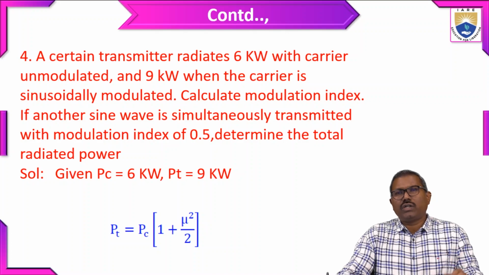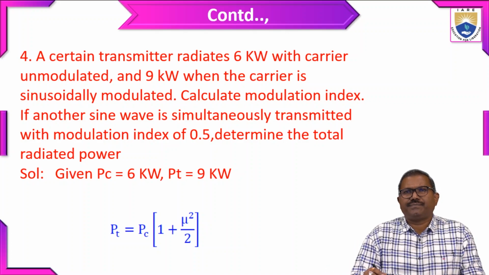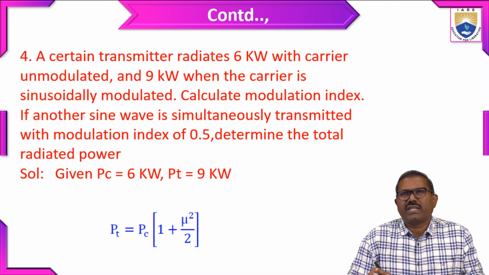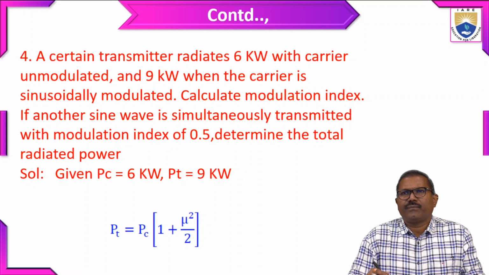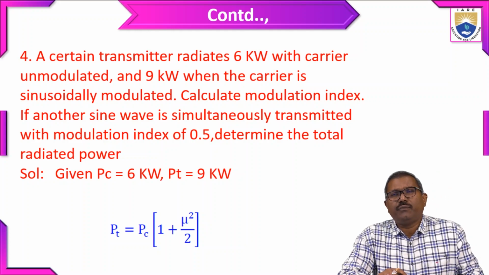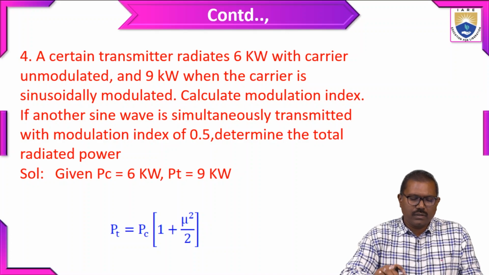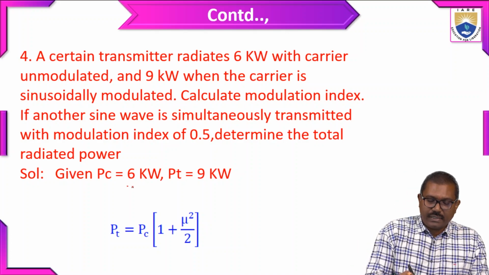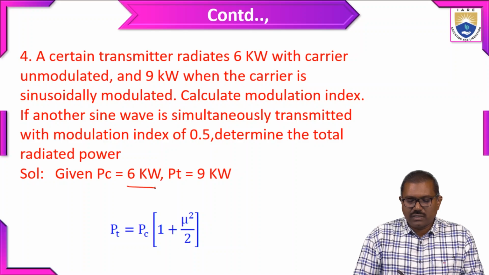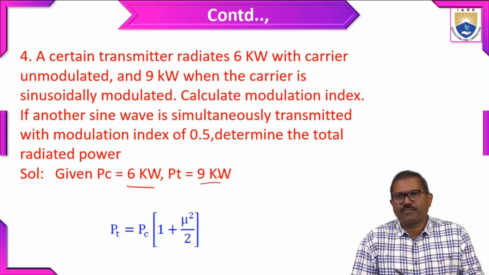Determine the total radiated power. Okay. So here they given carrier power and total power. So we are using the same formula. Total power is equal to carrier power into 1 plus mu square by 2. But the given carrier power is 6 kilowatt and PT is 9 kilowatt.